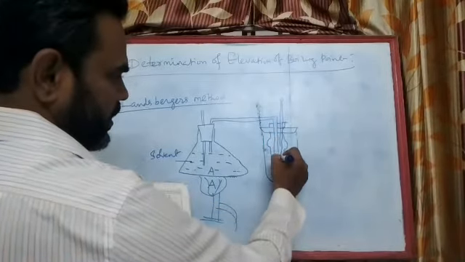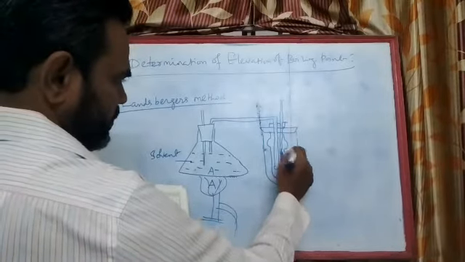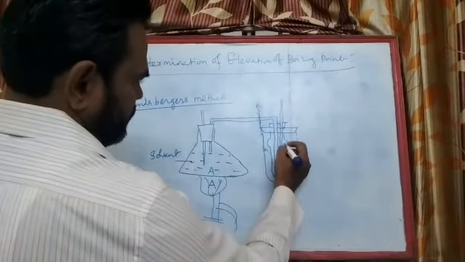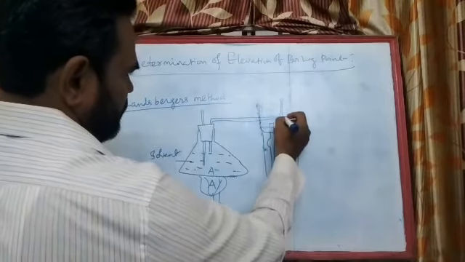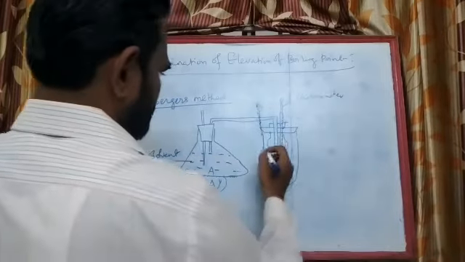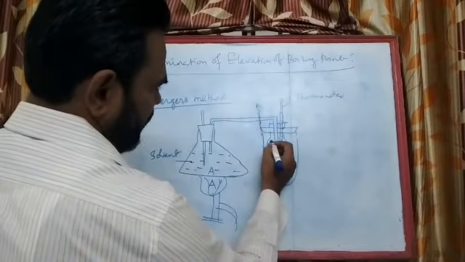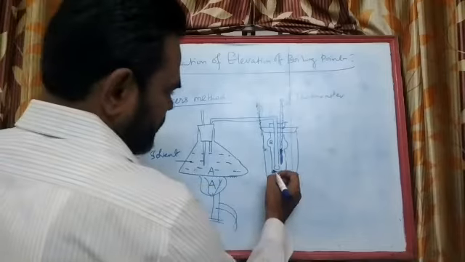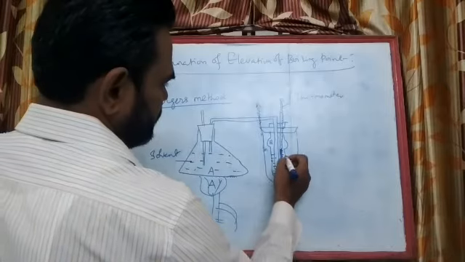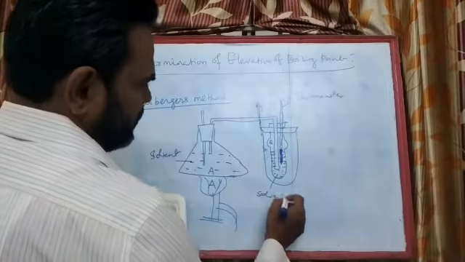This is a thermometer. Here you have another vessel B, which also contains the solvent, again the same solvent.